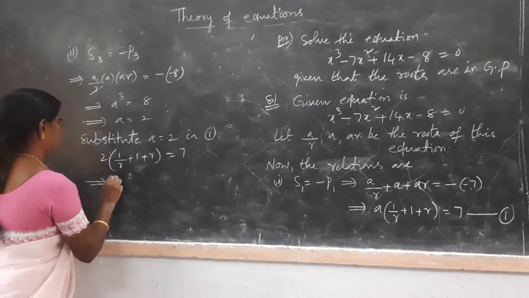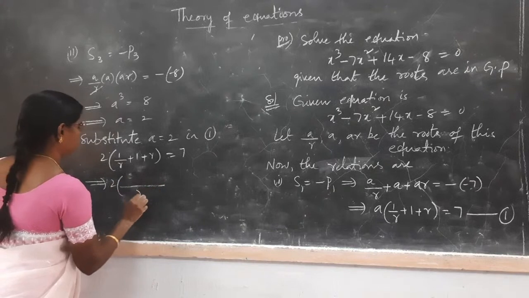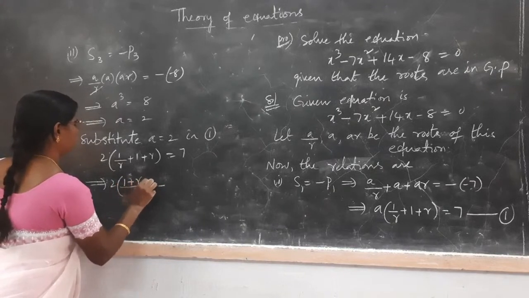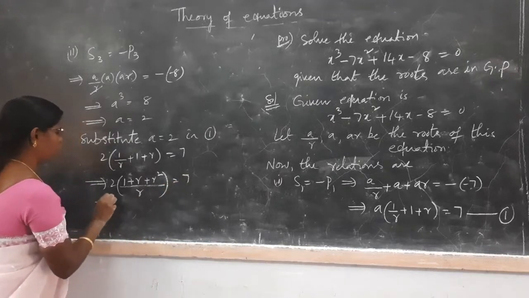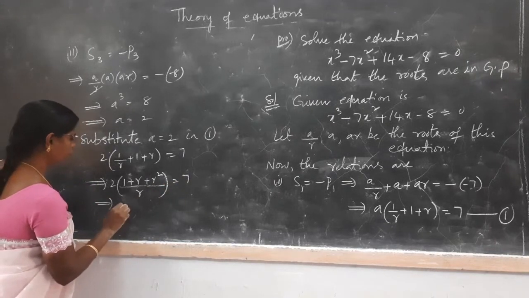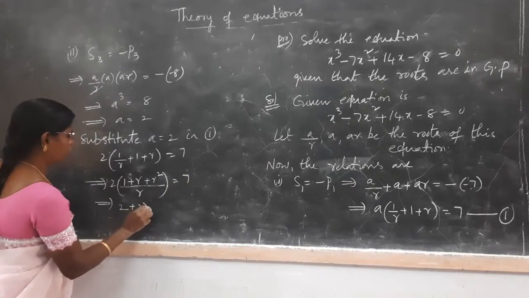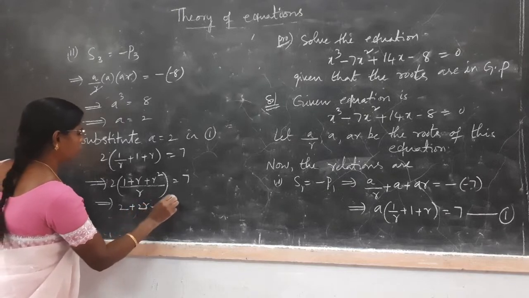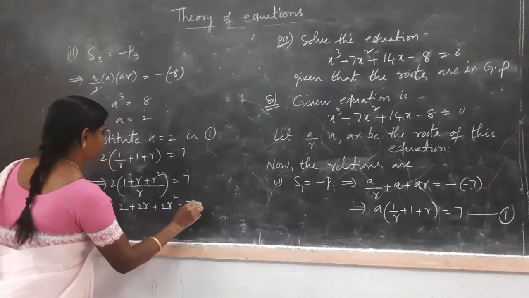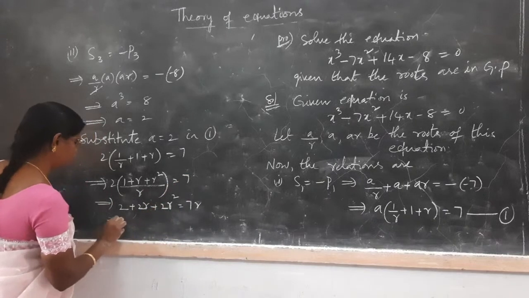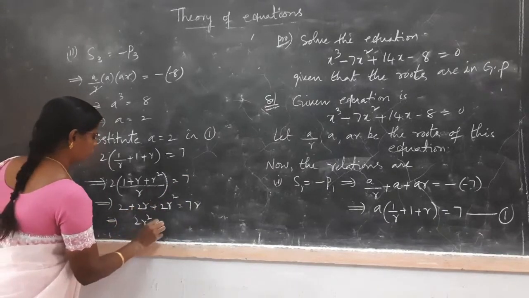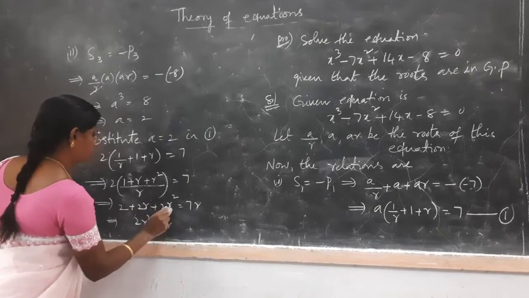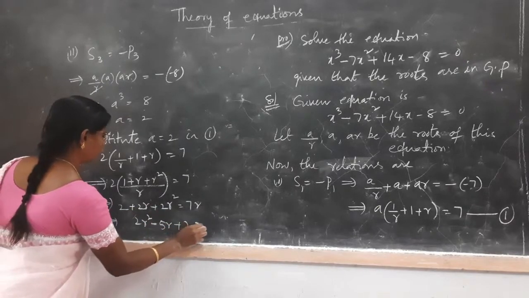This implies, when we take the LCM, 1 plus r square by r is equal to 7. This implies 2 plus 2r plus 2r square is equal to 7r. Taking this r to this side, this implies 2r square minus 7r plus 2r, that is minus 5r plus 2, is equal to 0. Okay?